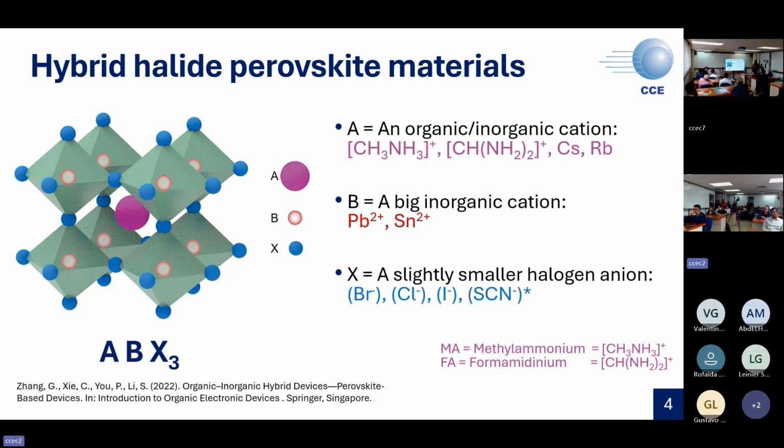And finally, in the X positions, we can use different halide anions like bromide, chloride, and iodide.